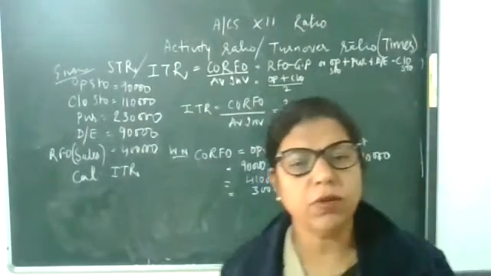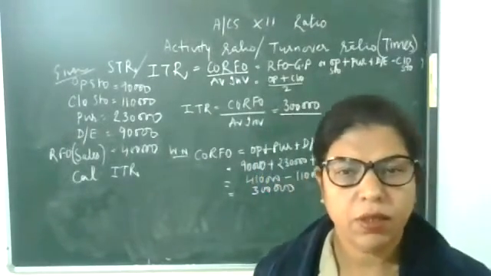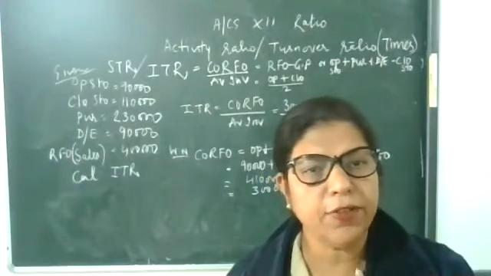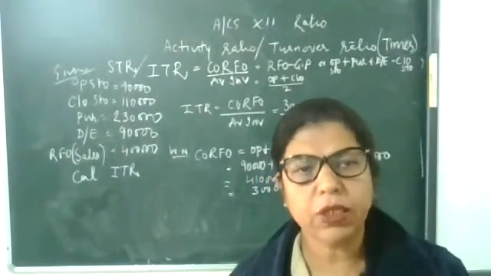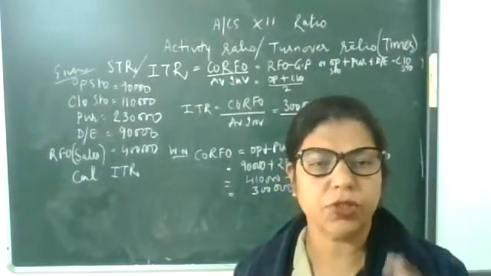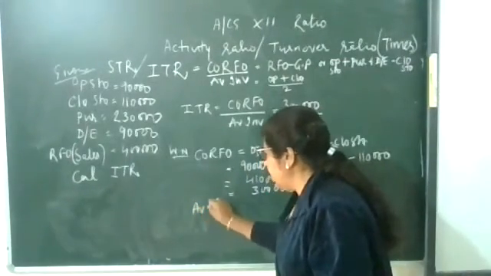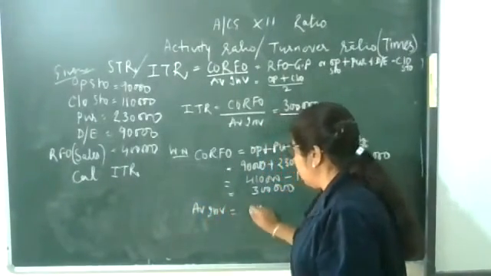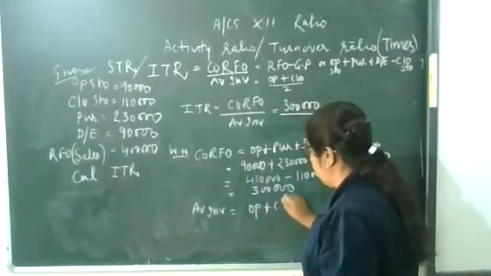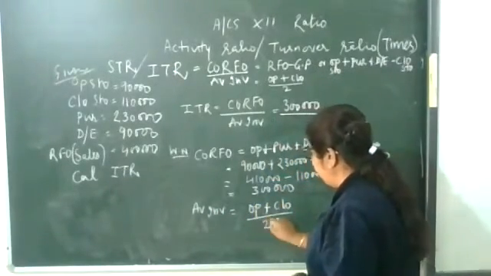Now how to calculate average inventory? See how to calculate average inventory? Average inventory is equal to opening plus closing divided by 2.